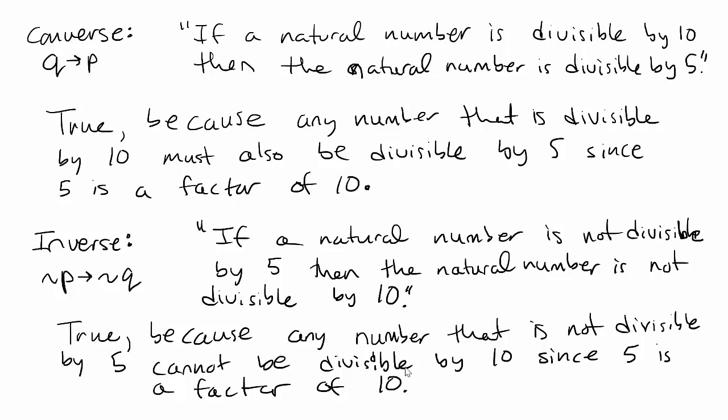Notice the similarity between the converse and the inverse when you're writing out explaining how it's true. So for example, if I've got the number, let's do like 32, I can't divide that by 5. So there's no way I can divide it by 10, because 10 is 5 times 2.